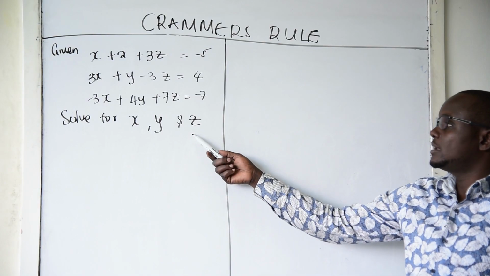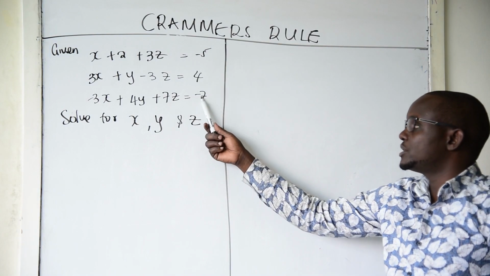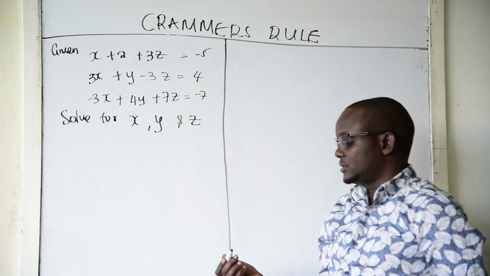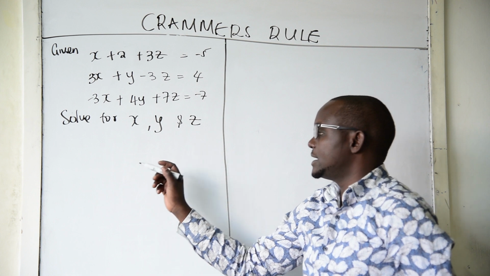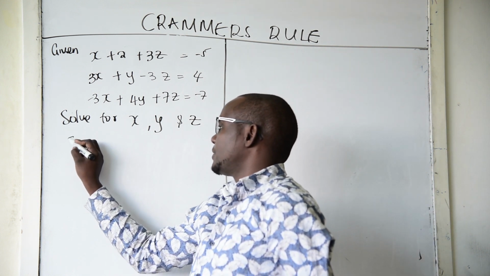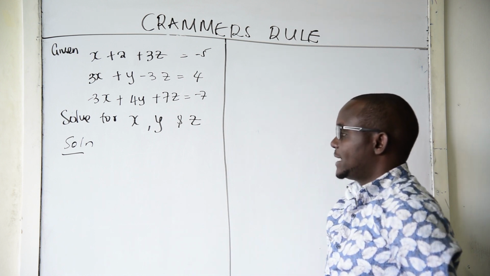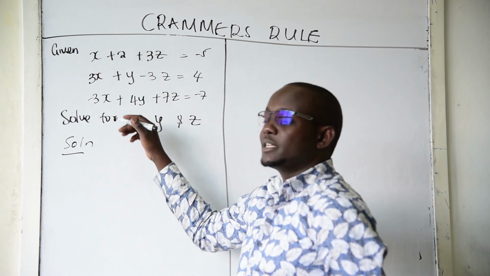If you are given three simultaneous equations with 3 unknowns, and you are told to solve for x, y, and z using Cramer's rule, this is how you solve it. First, we extract the matrix from the equations.